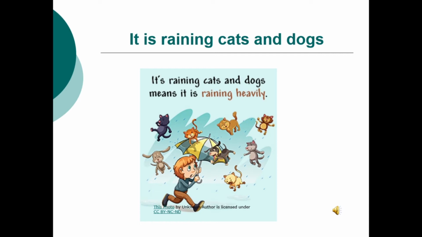It means it is raining heavily. For instance, in autumn, I think specifically on the 29th of September, it rained cats and dogs. So instead of saying, "Oh, Mom, it's raining heavily outside," I could say, "Oh, Mom, it's raining cats and dogs." Very good.